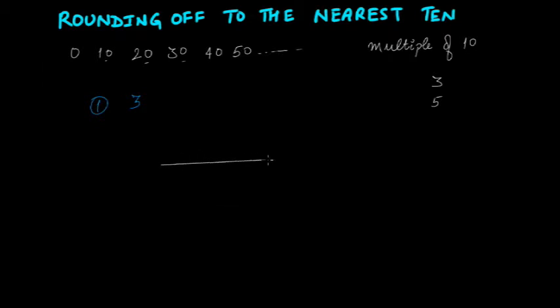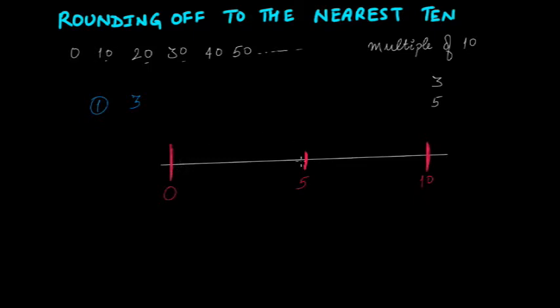Your scale is something like this. 0 comes somewhere here, and 5 comes here, and 10 comes here. This is your scale.